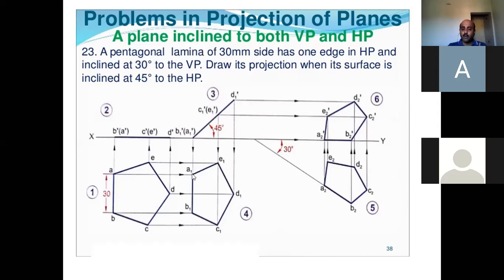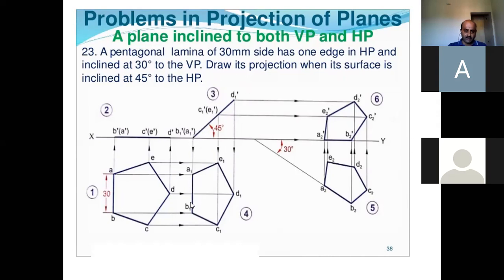You have to mark the point as an intersection point of the projector lines coming from the front view. Just a simple example, if you take A1, this is a projector line, am I right? This is the vertical projector we are drawing from the front view, and this is the horizontal projector from A. These two should meet at a point, and that point we take as A. Similarly, B is also here.